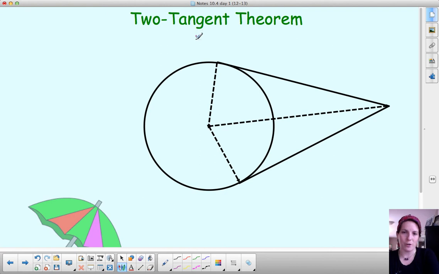The two-tangent theorem is the first one that we encounter that we're really going to work with a lot. So let's go back through the things that we know. We know that if this is a point of tangency, let's call it X, and we also know that Y, down here, is a point of tangency, then we have right triangles.